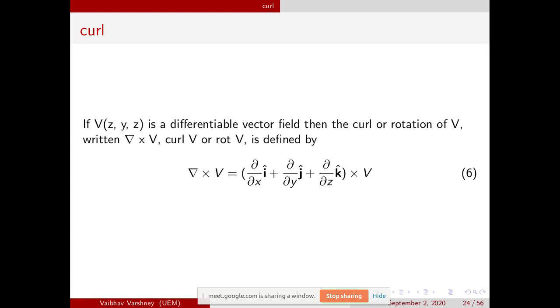It's the same as del. So it operates on any scalar or vector depending on how it operates, either in terms of gradient, divergence, or curl. So when it operates on any function, either scalar or vector, it changes the property of that function. Meaning for divergence, we need to do the dot product with the component of del.